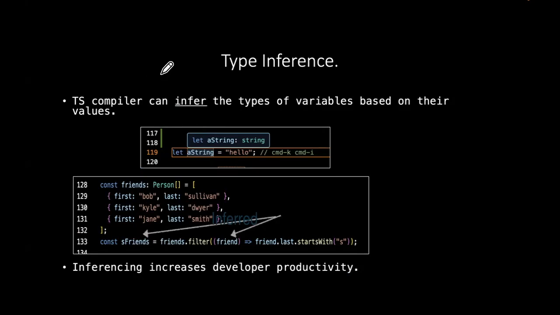But fortunately, the TypeScript compiler will infer the type of a variable for us. And in most cases, it gets it right. In a few cases, it may actually get it wrong, and we have to be explicit about the type for a variable. So this type inferencing is something that the compiler does behind the scenes.